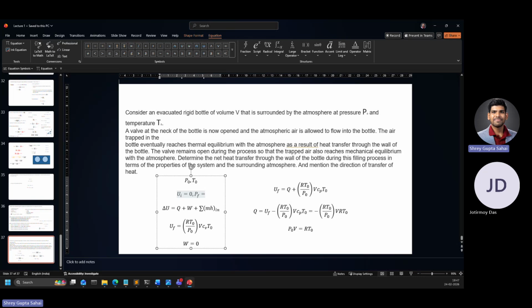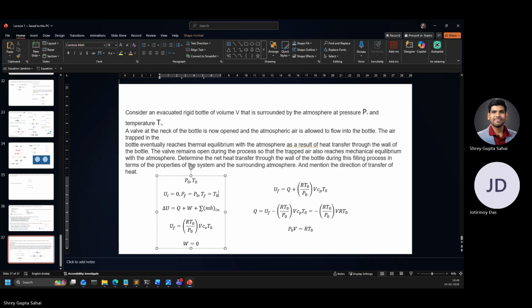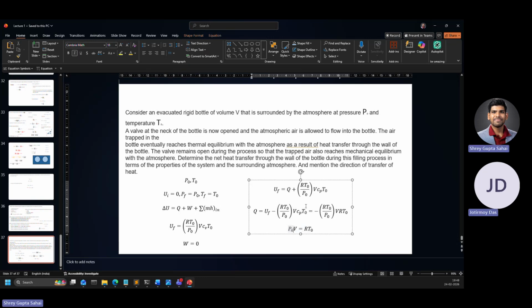Atmosphere pressure is not going to change, and its temperature is also not going to change because it is a large capacitance system. Okay, it's clear now. And then we can substitute that PF and all those things.